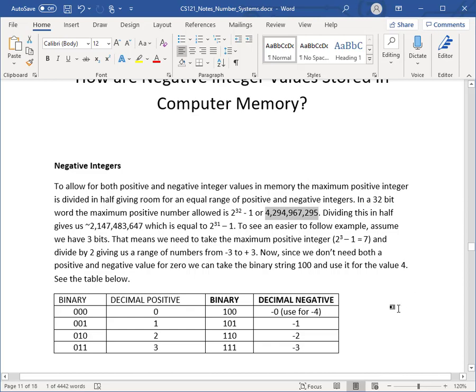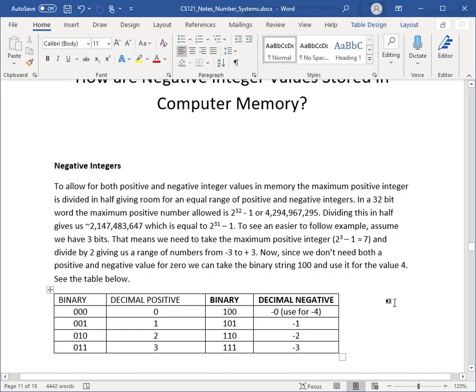If we divide that in half, that gives us approximately 2,147,483,647. Then we can represent numbers up to that point as positive numbers, and about the same if we go down to negative values. That gives us a range of plus 2 billion and something down to negative 2 billion and something.